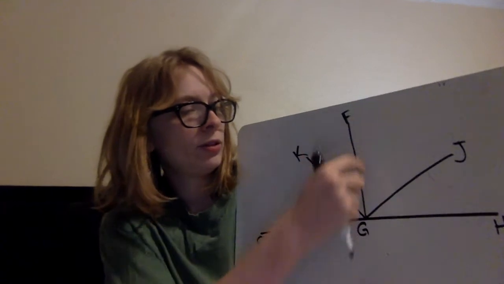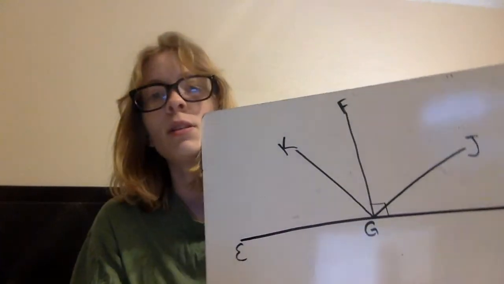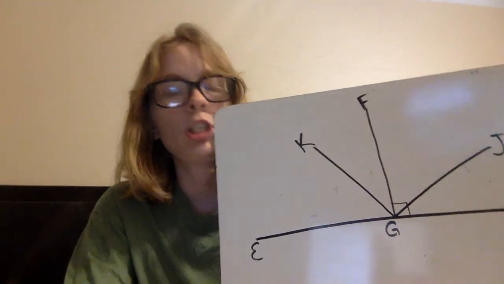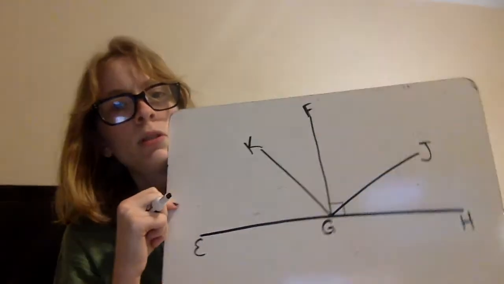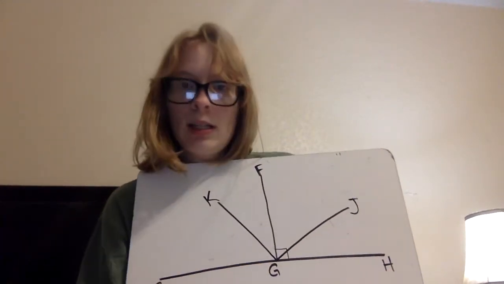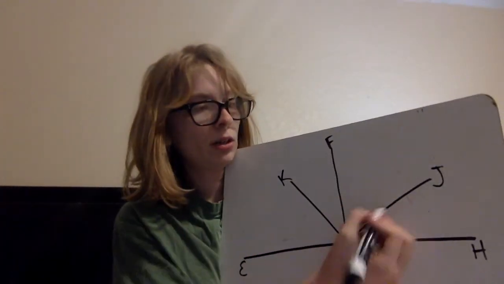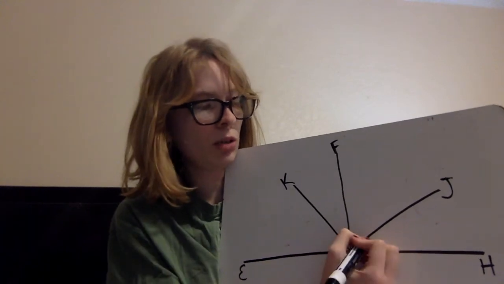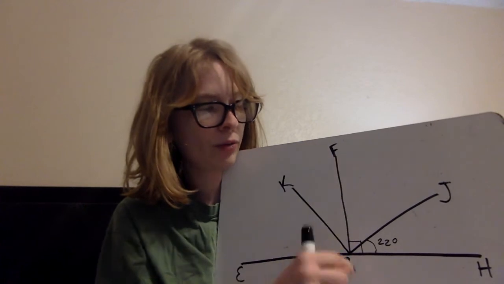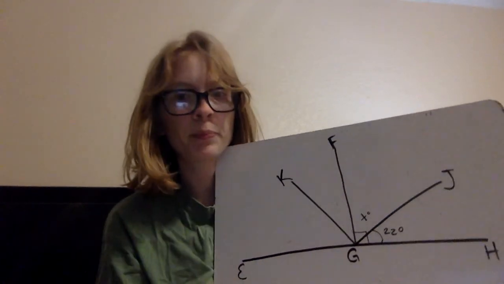So FGJ, oh, I'm sorry. Right here they had a 90 degrees. FGH, if angle JGH is equal to 22 degrees. So right here, JGH is equal to 22 degrees. And they wanted to know FGH, so we're going to put X there.